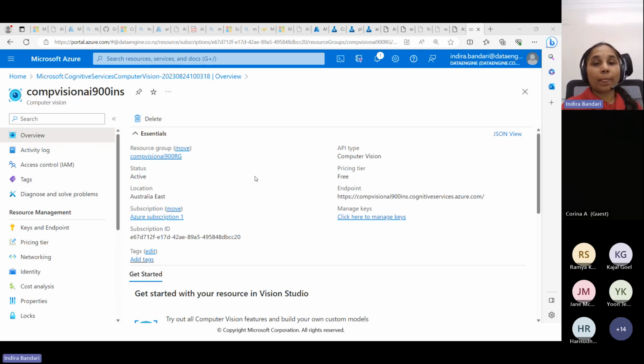Who can tell me what we need to use the computer vision? No, you don't need to add tags. No problem. Now let me know. We did a similar thing with anomaly detector. So what did we use from this service for us to test it?